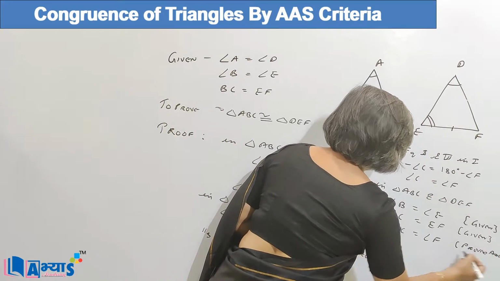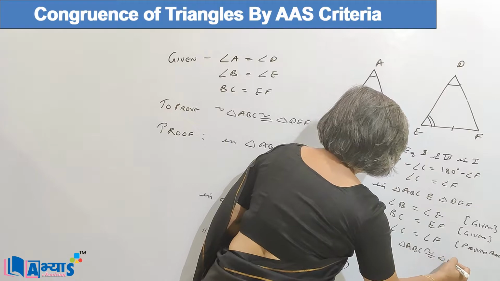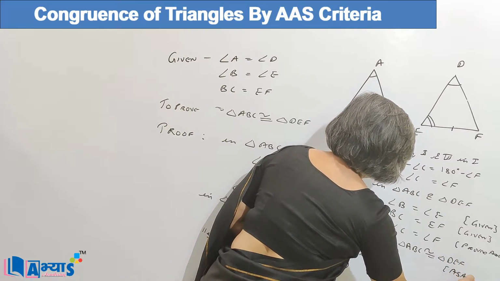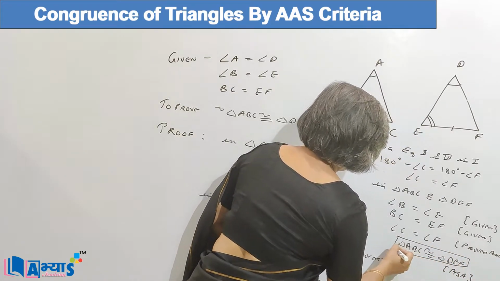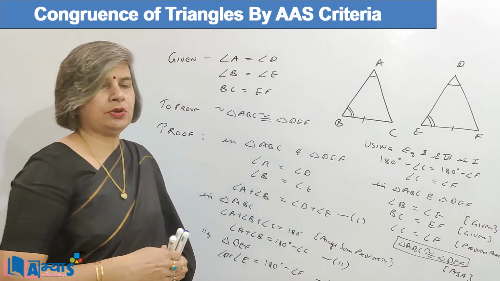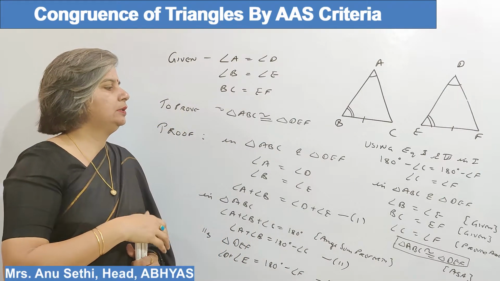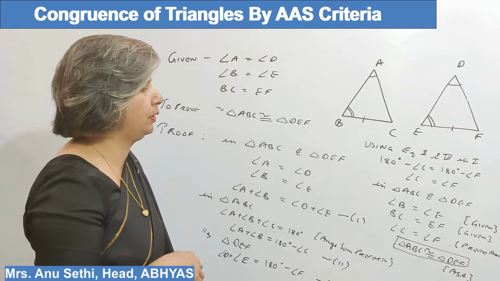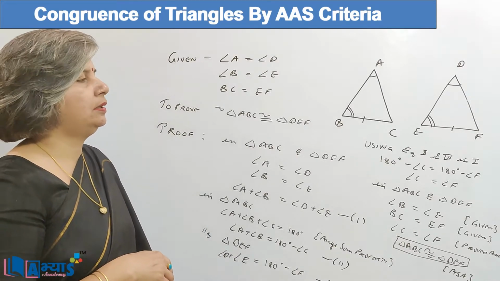So we can say that triangle ABC is congruent to triangle DEF using the criteria ASA. That means angle, included side and the angle is equal to the other triangle. So the two triangles are congruent. So we can say that triangle ABC is congruent to triangle DEF. So hence we have proved that the two triangles are congruent.